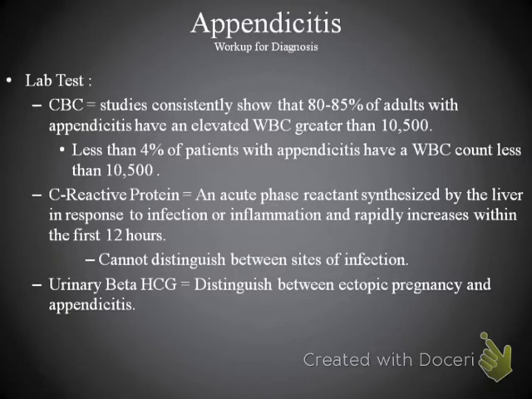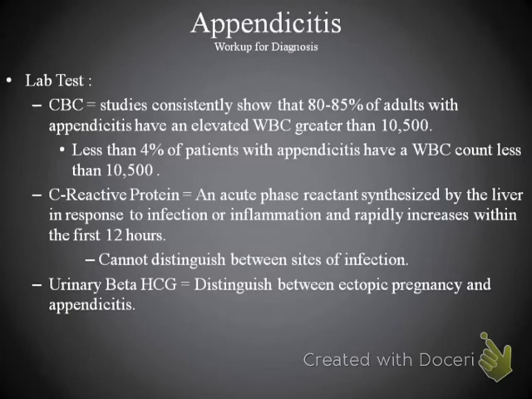So you could have such things as colitis, diverticulitis, which are also inflammations, and it cannot distinguish between each of these inflammatory processes. So as we'll see, Crohn's disease and colitis can mirror the symptoms of appendicitis and other things. And so if that's the case, then C-reactive protein kind of goes out the window. It tells you that there is an inflammation, but it doesn't tell you where it's at.